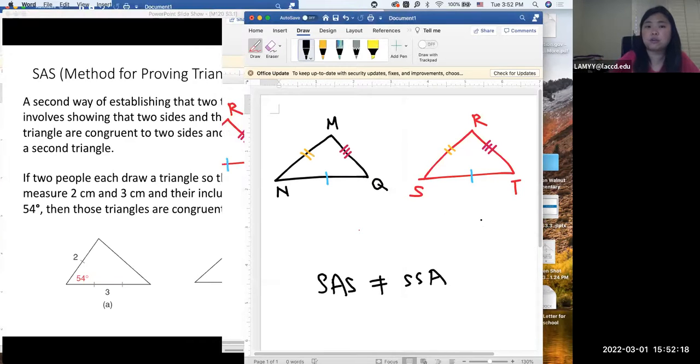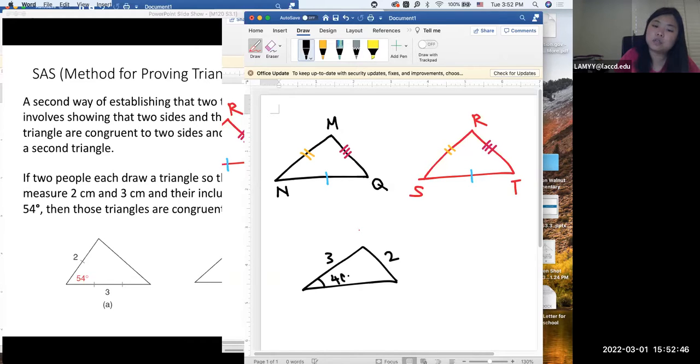If I have two angles like that, for example, if I say this is 2, this is a 3, and then the angle here is 40 degrees, you can't use SAS, because the angle is not in between these two sides here.